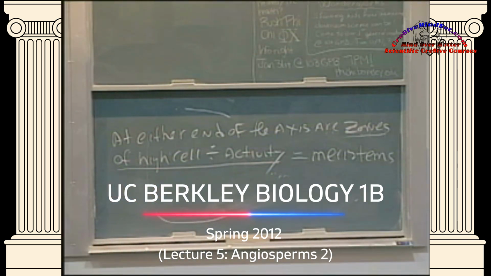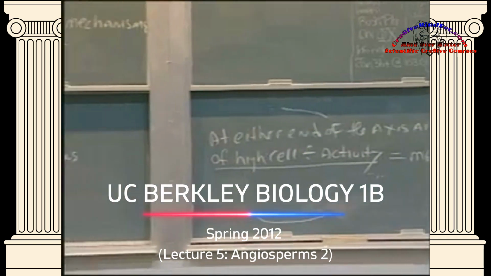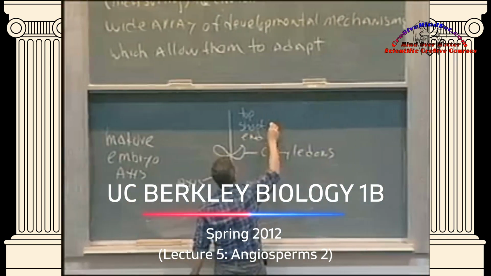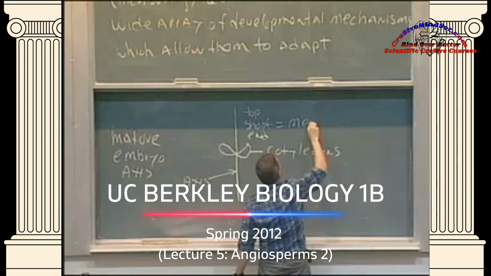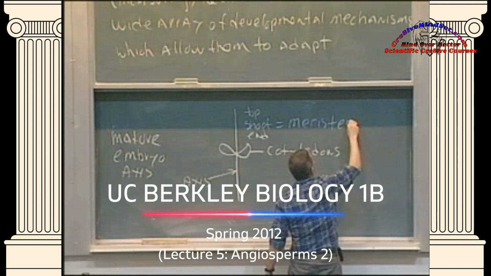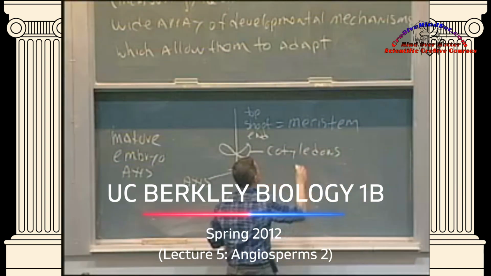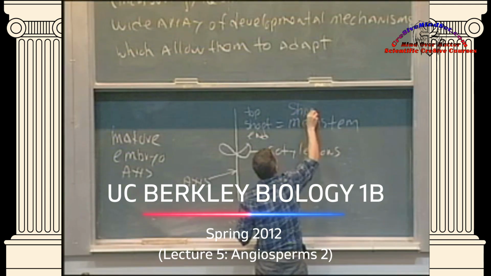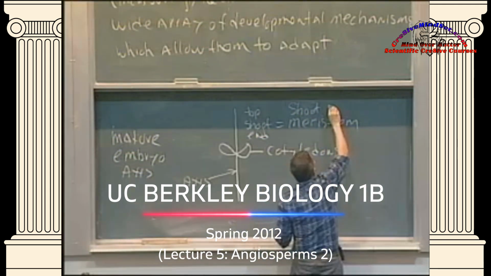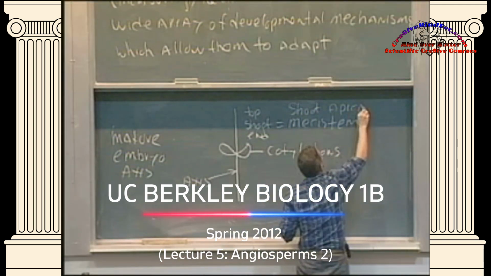So at the top, or the shoot end, we have a meristem, and that meristem is the shoot, and because it's at the tip, apical meristem.